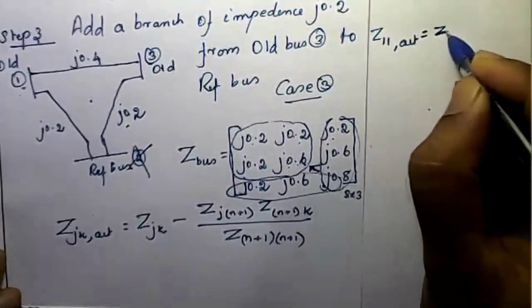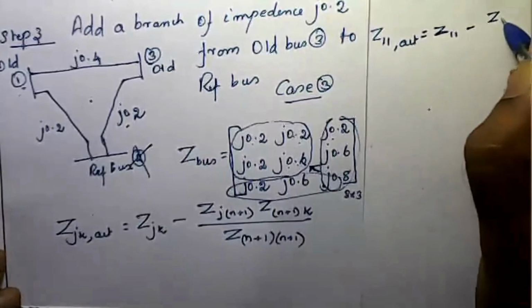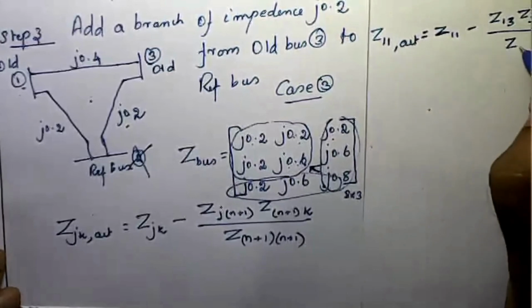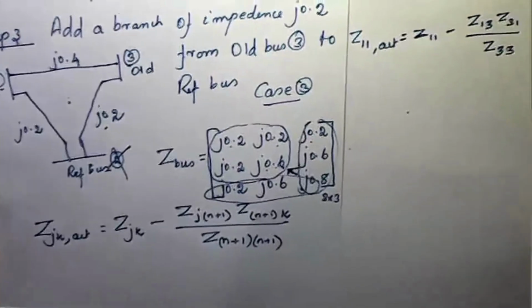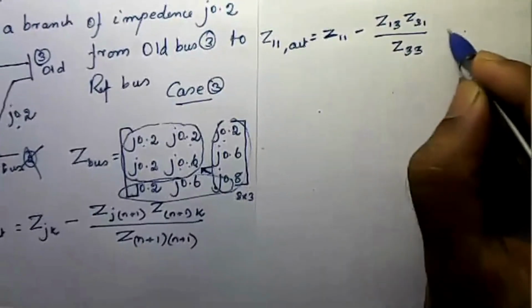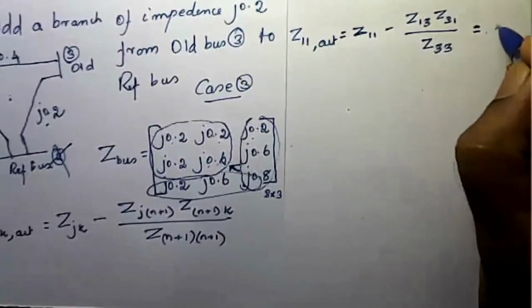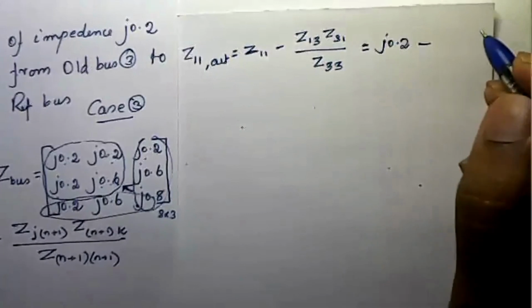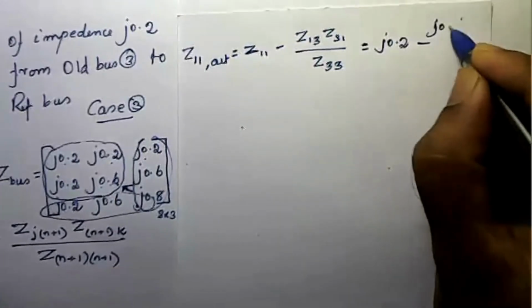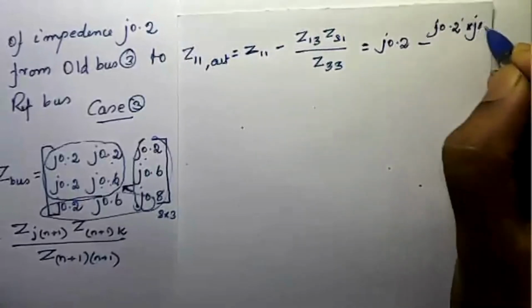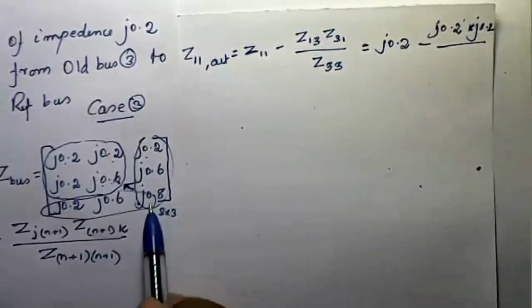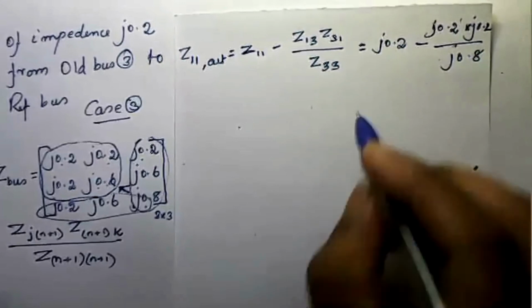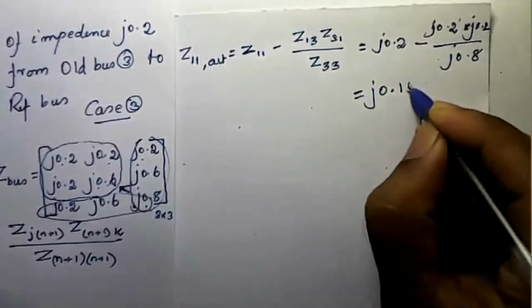Z11 actual is equal to Z11 minus Z13 Z31 divided by Z33. Substitute the values. Z11 value J0.2 minus J0.2 into J0.2 divided by Z33, J0.8. The answer is J0.15.